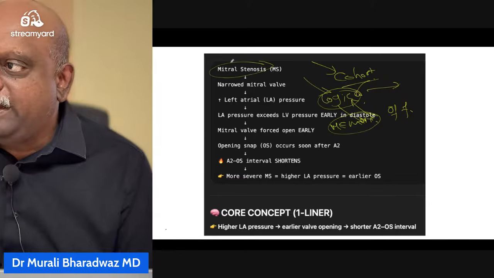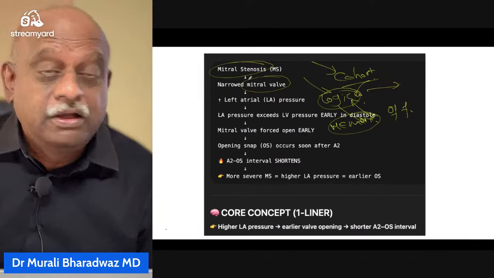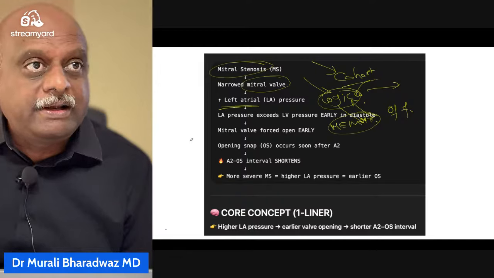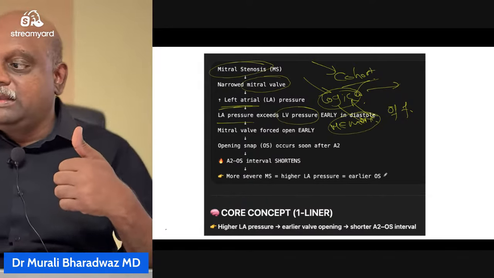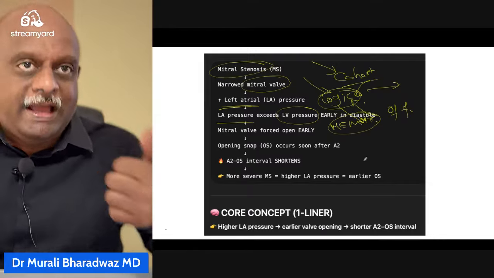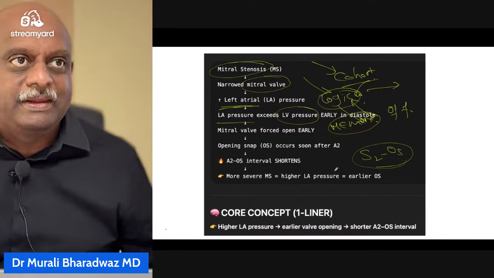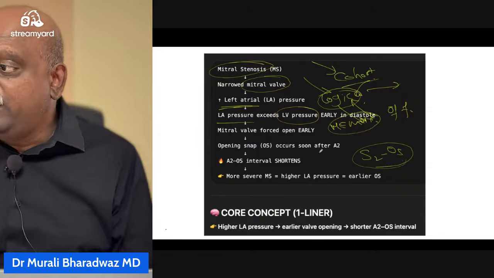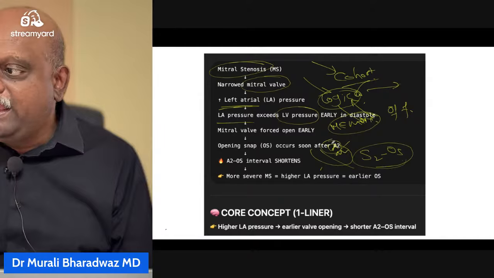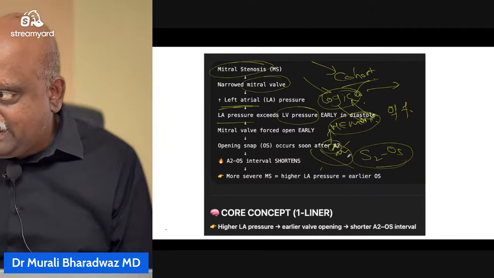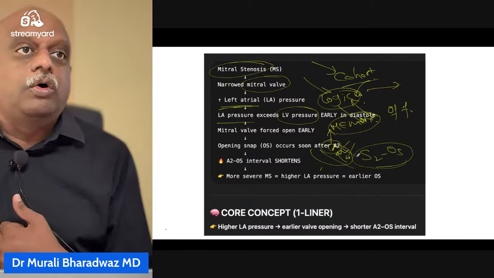So now, doctor, mitral stenosis, what will that lead to? Narrowed mitral valve. That leads to increased left atrial pressure. Now we are talking about why the S2-OS gap is an indicator of severity. So when will the mitral valve open? When the pressure in the LA is higher than the pressure in the left ventricle, that will make it open.